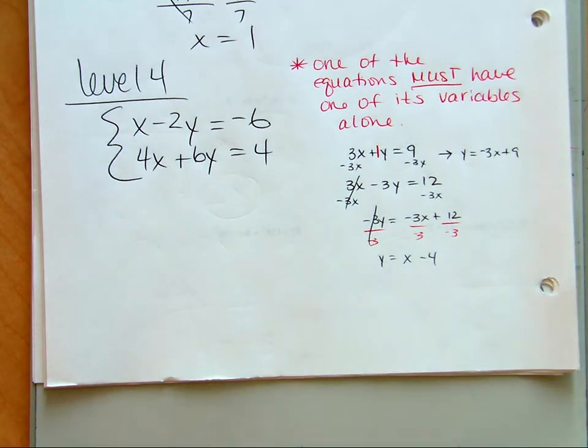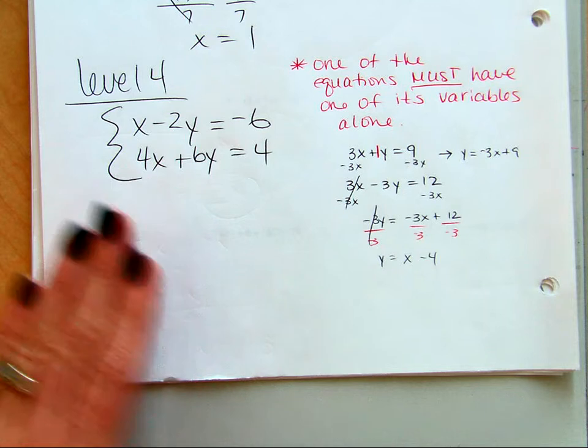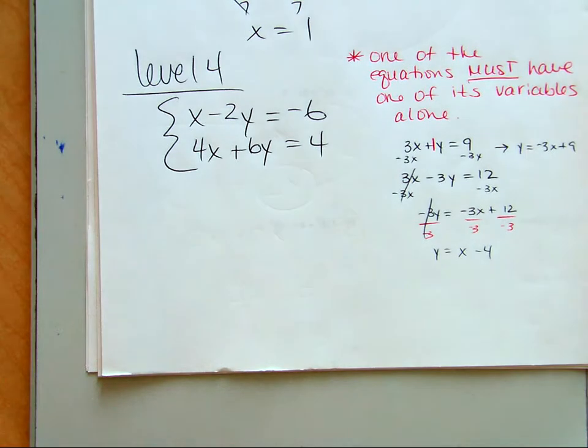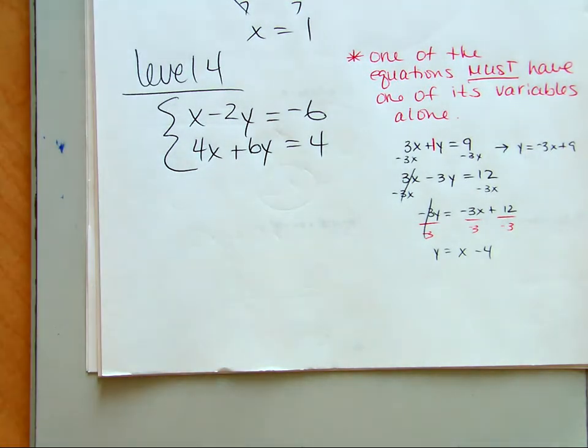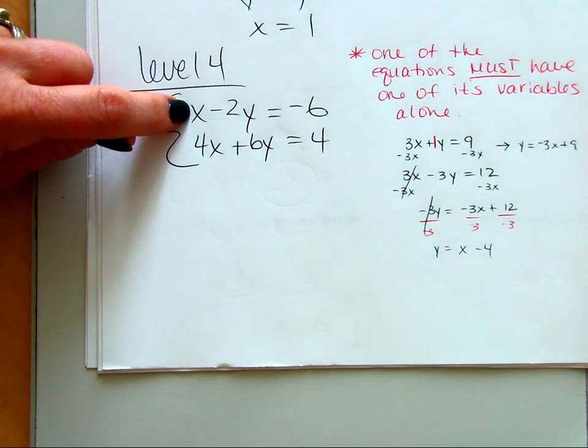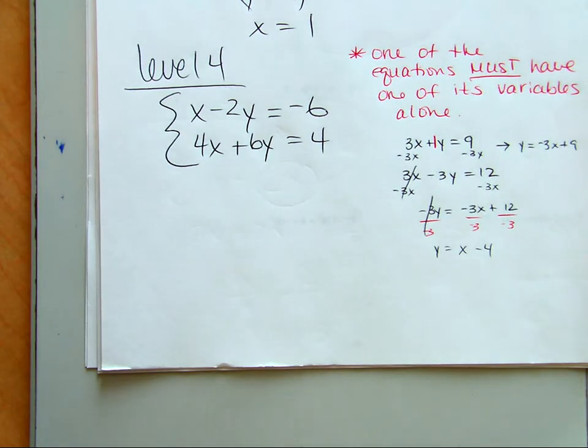So, having reminded you of that, I'll ask you again. If you had to pick one of these equations and one of the variables, which one would you choose to solve for? The first one, x. And I know that's weird. That goes against everything we've been doing for so long. I always say get y alone, get y alone, get y alone. Today you have to stop thinking that, because if you don't, you're going to create a bunch more work for yourself.